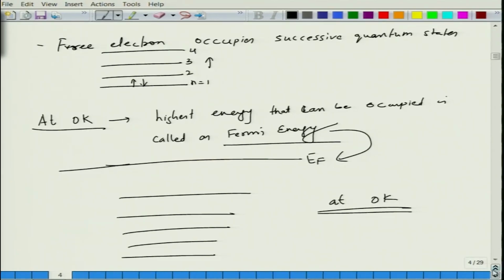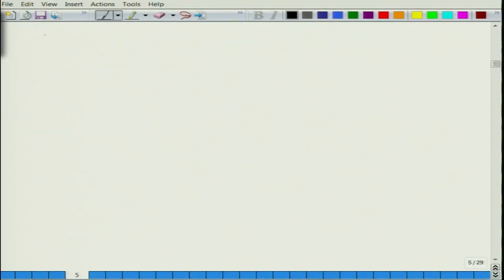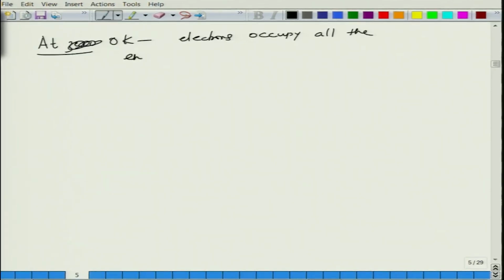So at 0 K we say electrons occupy all the energy levels up to EF, and energy levels above EF.